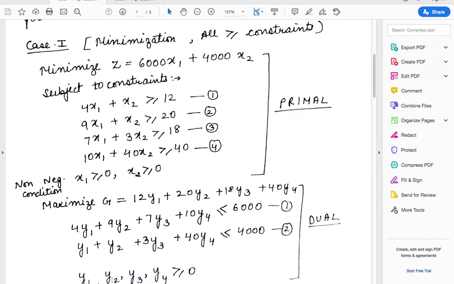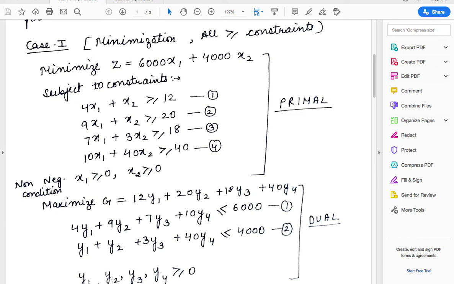You can see there are four constraints in the primal. What are these constraints? 4x1 plus x2 greater than or equal to 12, 9x1 plus x2 greater than or equal to 20, 7x1 plus 3x2 greater than or equal to 18, 10x1 plus 40x2 greater than or equal to 40. So if there are four constraints in the primal, there will be four new variables in the dual: y1, y2, y3, y4.